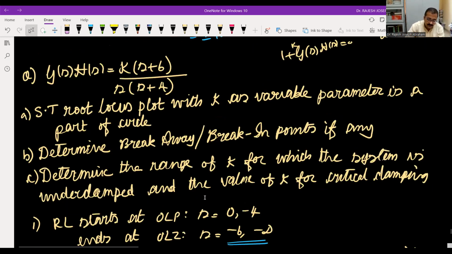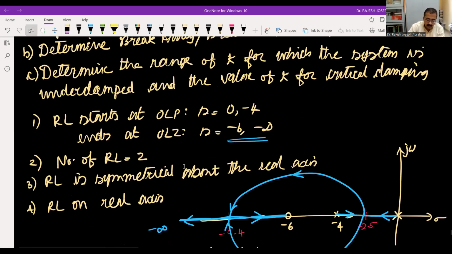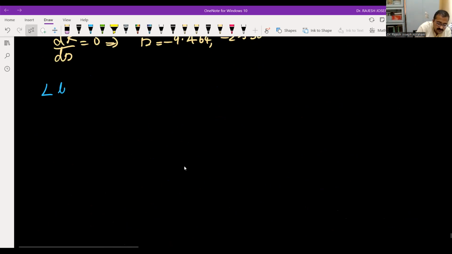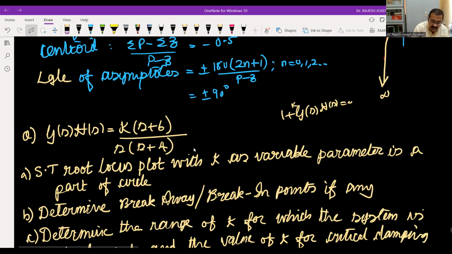So what is the transfer function? K into s plus 6 by s into s plus 4, right? So what is the angle? Angle of G(s)H(s) will be what? How will you find the net angle? Angle of s plus 6 minus angle of s minus angle of s plus 4. Is it not? A angle alpha into B angle beta divided by C angle gamma. What's the resultant complex number?